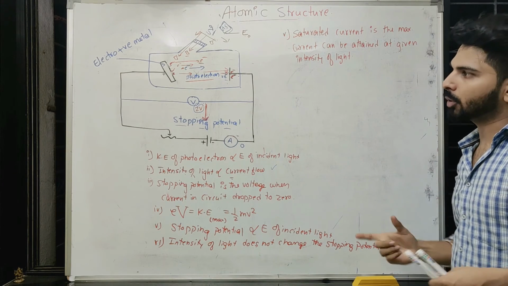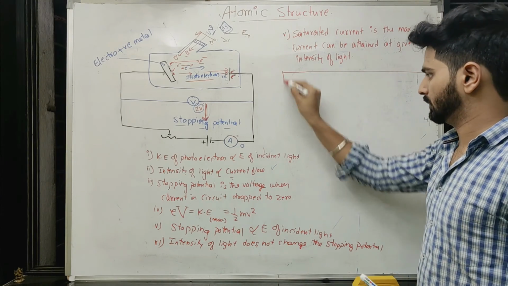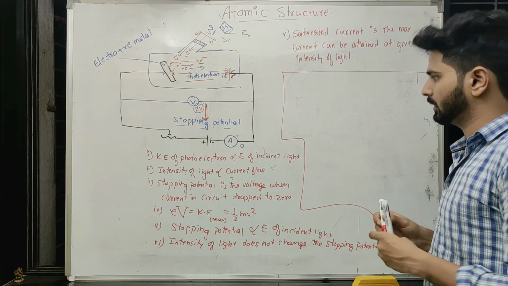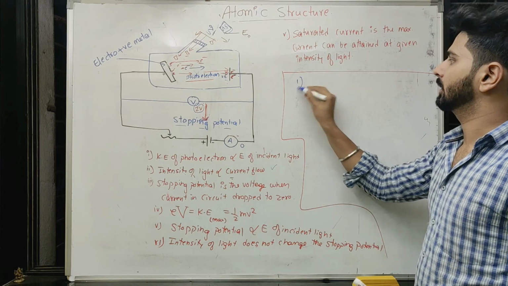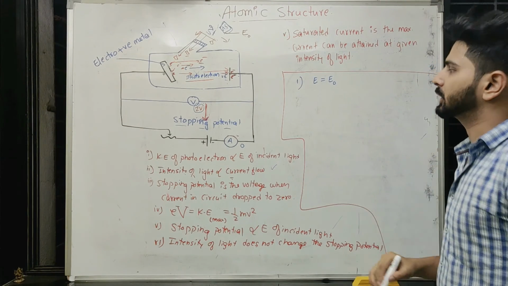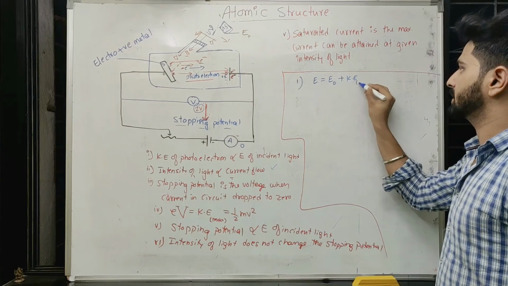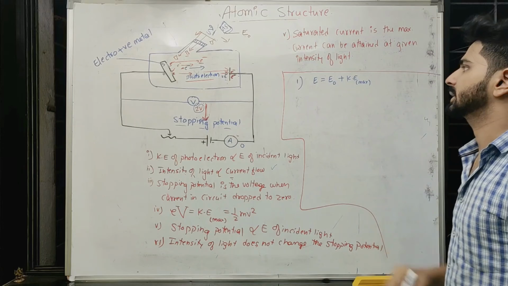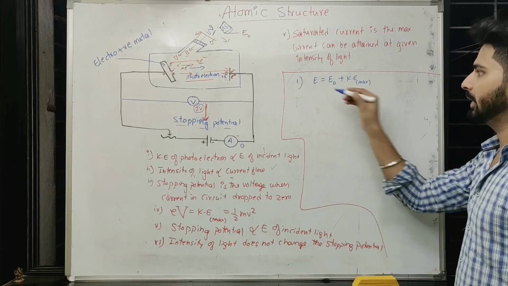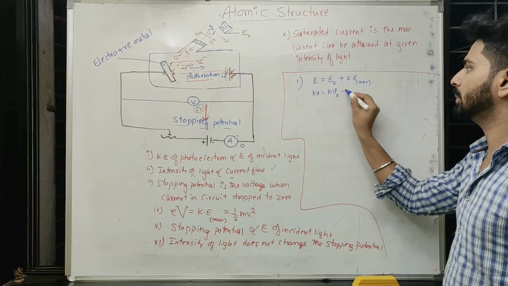So the formulas that you have to remember, one is that energy of incident light is equal to threshold energy plus kinetic energy, where this can be written as h nu is equal to h nu naught plus kinetic energy.